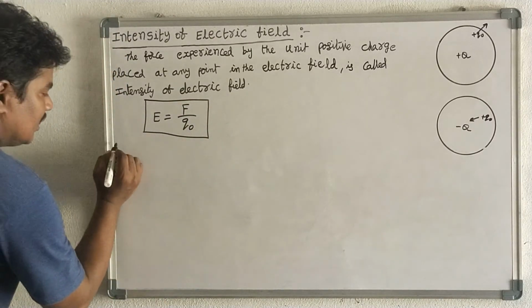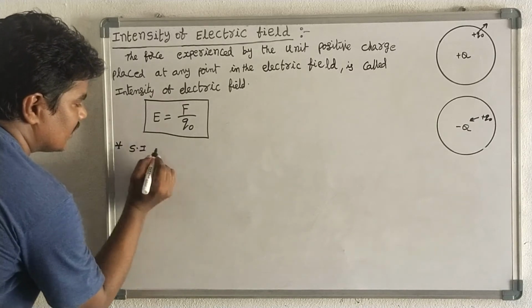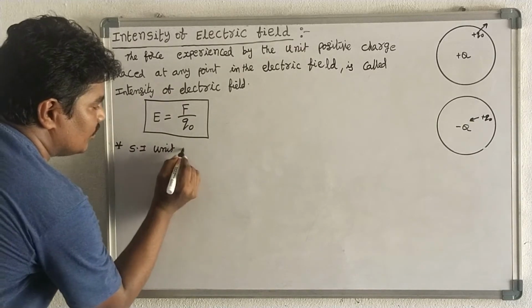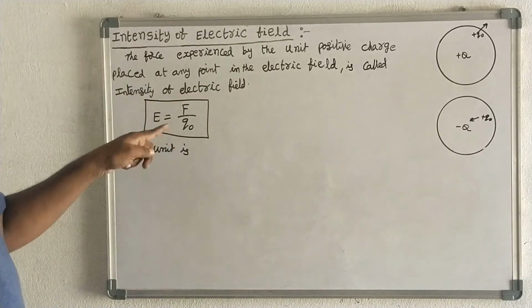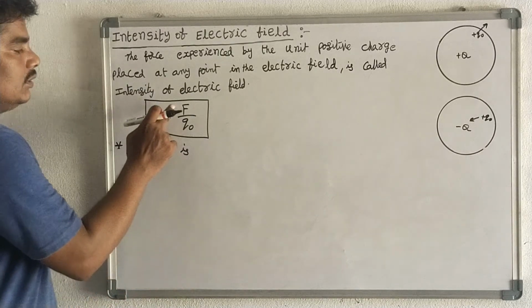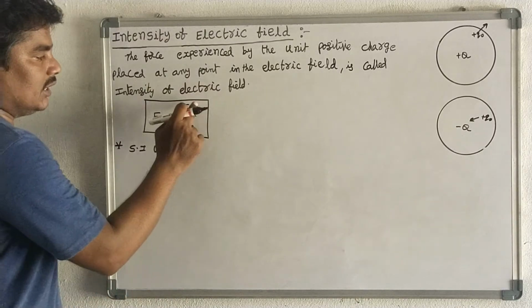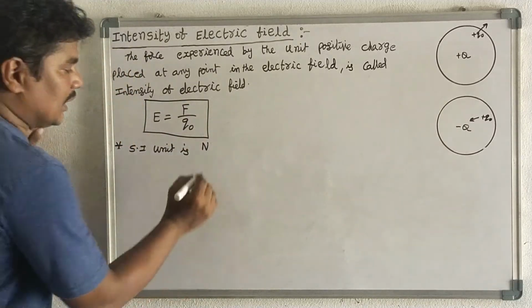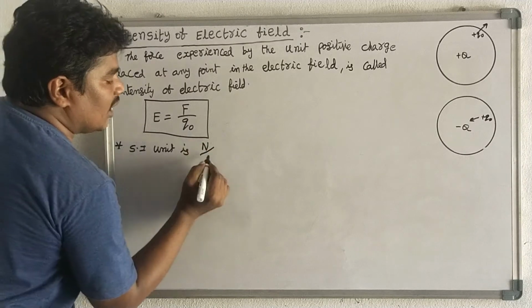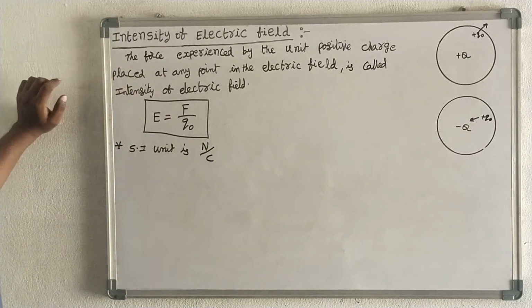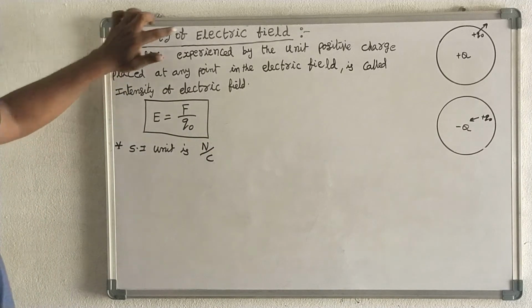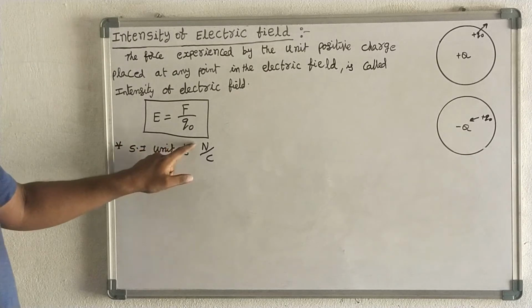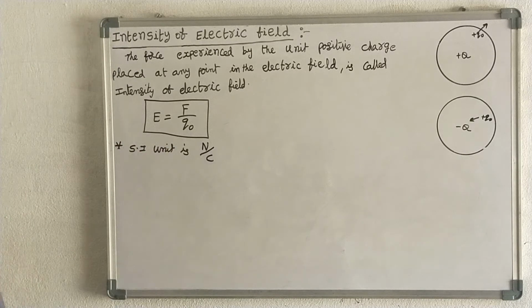Now we write the SI unit. From the formula only we write the unit. For force the unit is Newton, for charge the unit is coulomb. So the SI unit of intensity of electric field is Newton per coulomb.